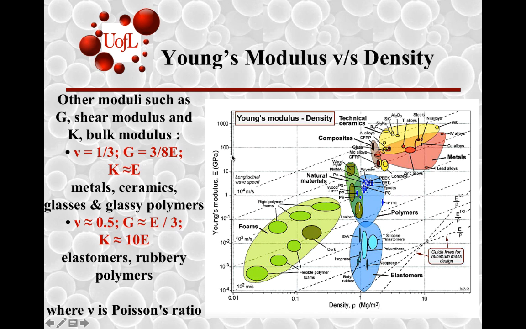And so this particular plot, which is for Young's modulus, can be used to estimate shear modulus and bulk modulus, which may not be explicitly given. For elastomers or rubbery polymers where the elongation is very high, this factor is altered for both the shear modulus and the bulk modulus, but by using that appropriate multiplication factor, you can estimate those properties off these property charts as well.